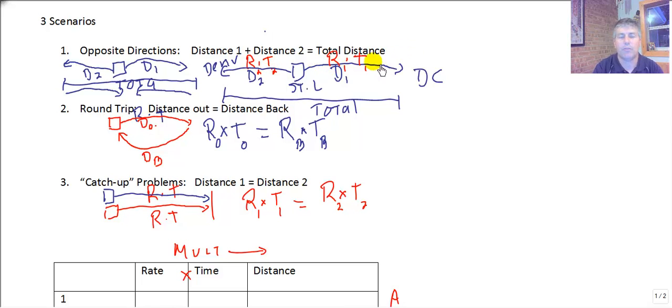Distance 1 plus distance 2 equals distance. Round trip, the rate times time of the trip out will equal the rate times time of the trip back, or distance out equals distance back. And the same goes for a catch-up problem. So with that, you can answer that one question, and I will see you in class.